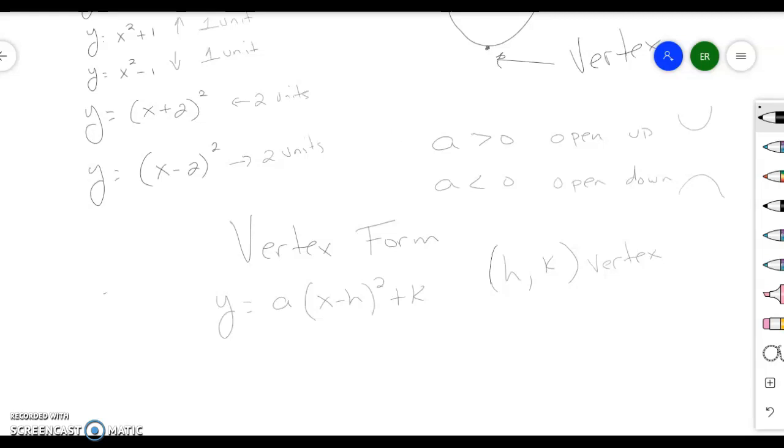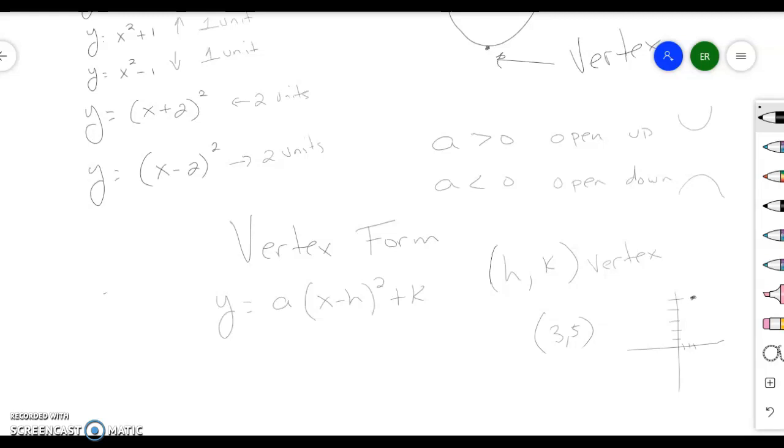So if my coordinates of the vertex were 3, 5, what that means is that I'm going to take my parent function, and something has moved it to where the vertex is located at 3, 5. Where people get confused is, why is this minus, and then we have a positive movement here. The way to clear that up is to just think about the vertex being moved.